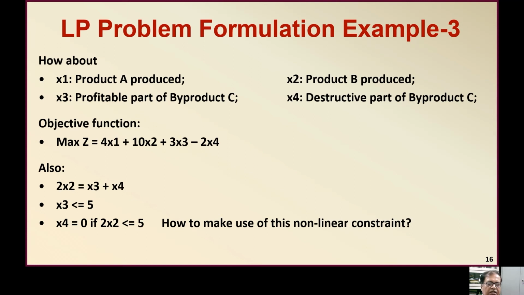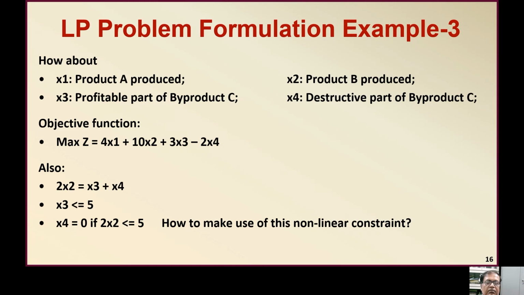But we have some additional constraint, 2x2 equal to x3 plus x4. Where does it come from? Because the byproduct is twice the volume of product B. So if product B is x2, twice the volume is 2x2. So 2x2 is the total amount of byproduct produced, which is both the profitable part and the destructive part. Now x3 is less than or equal to 5. That is also very clear because beyond 5 units it has to be destroyed, right? So x3 is less than or equal to 5.